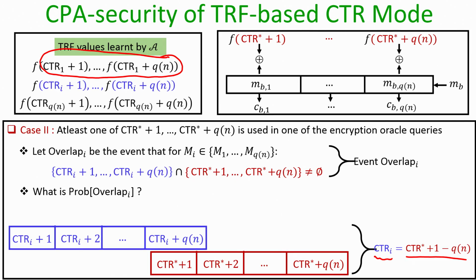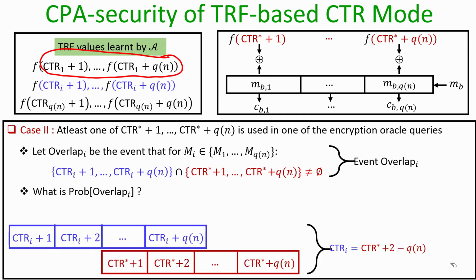Only then could the event overlap I occur in this way. In the same way, if the overlap I occurs because the last two counter values for the message MI and the first two counter values for the challenge plain text MB overlap, that implies that the value of the counter I should satisfy this relationship.